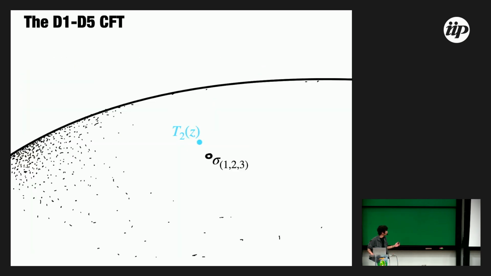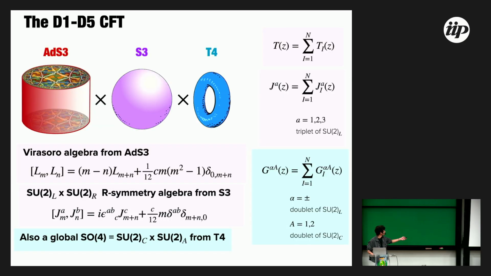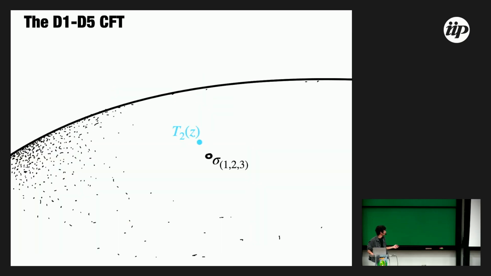These are the ingredients of this D1D5 CFT. The other important ingredient is the orbifold. You can construct an orbifold CFT by introducing a new set of operators called twists, which permute the copies.